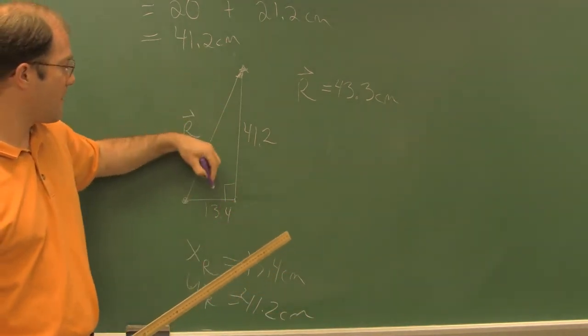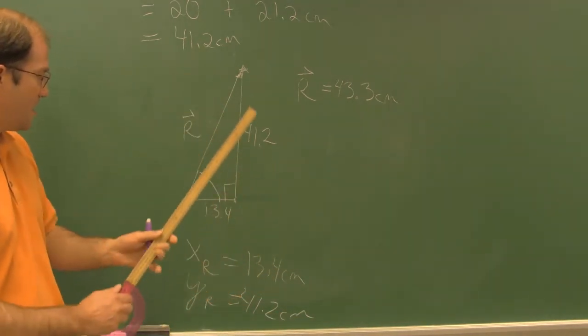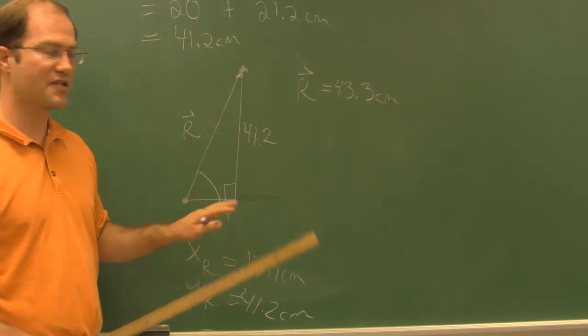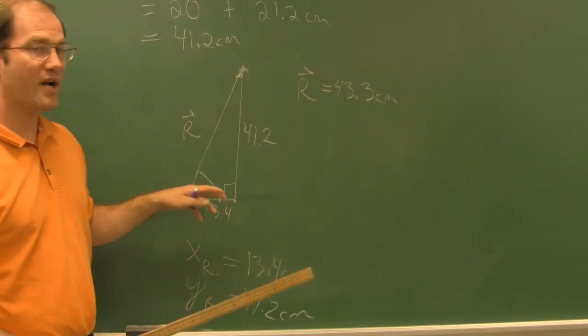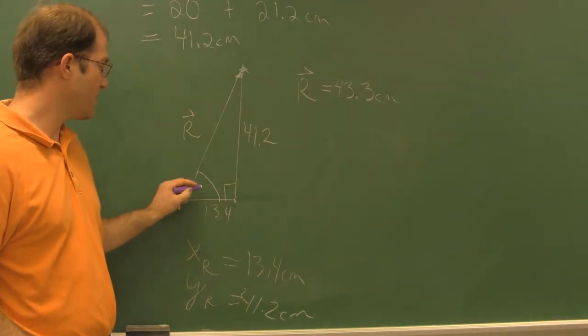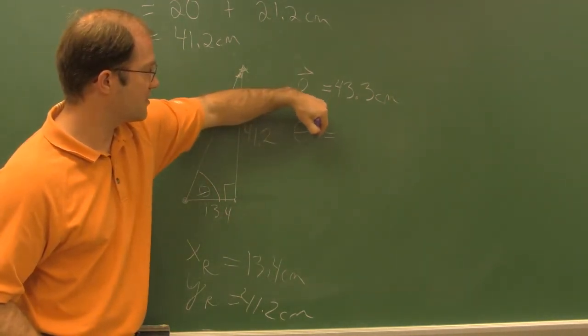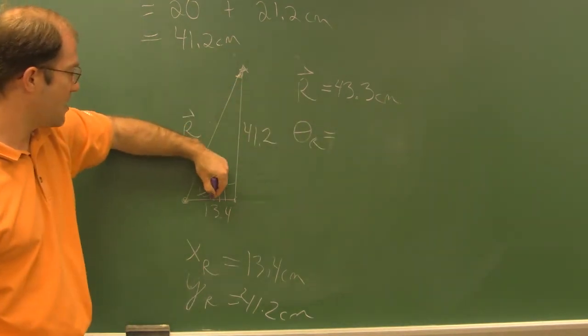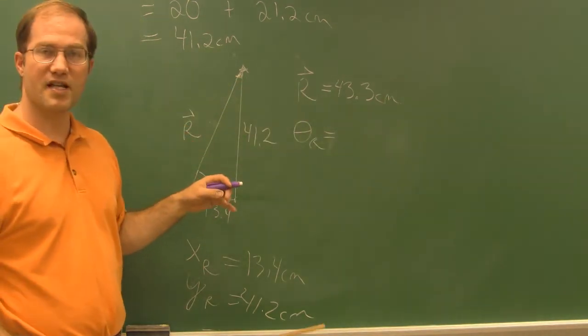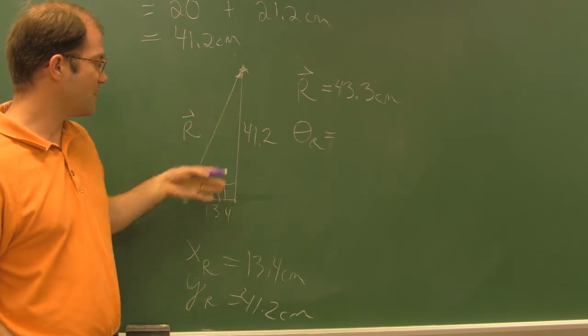Now the angle, this angle measured up, again we said it was around 70 degrees. Let's show you how to do that mathematically. Right angle trigonometry says that, let me call this theta, theta is equal to the theta of the resultant. This is equal to the inverse tangent of the opposite over the adjacent side.